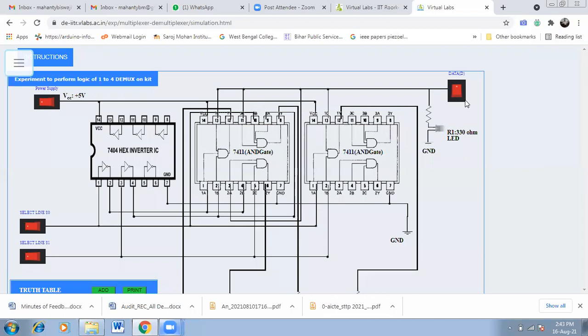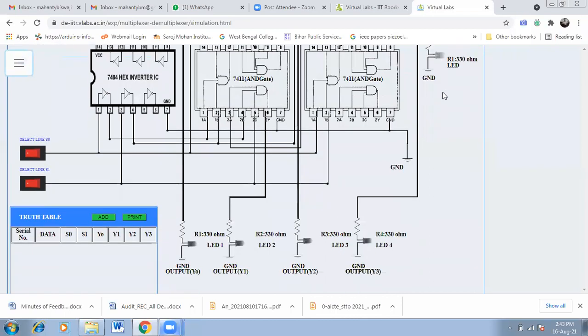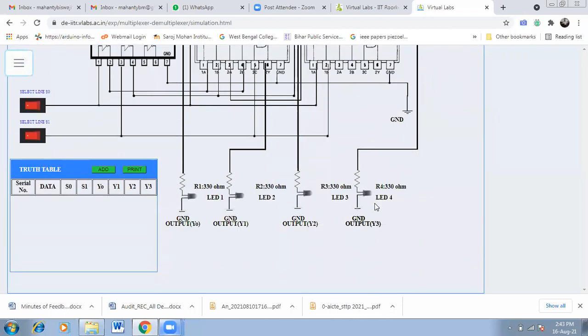This is your data D, your input, at the top right corner, and these are the outputs: LED 1, LED 2, LED 3, LED 4. These are the outputs Y0, Y1, Y2, Y3.